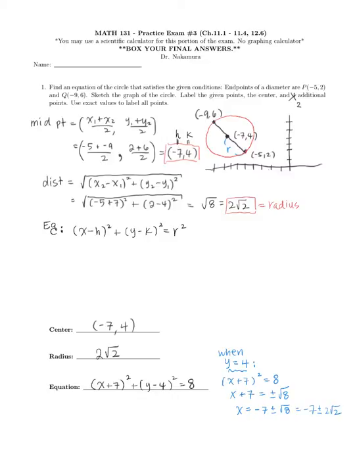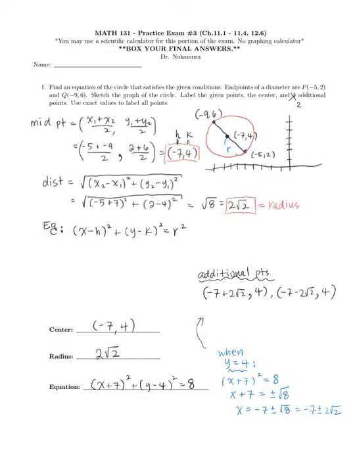Okay, so it looks like our additional points, let me just go over here. Additional points. It looks like when x is negative 7 plus 2 root 2, comma, 4, and negative 7 minus 2 root 2, comma, 4.